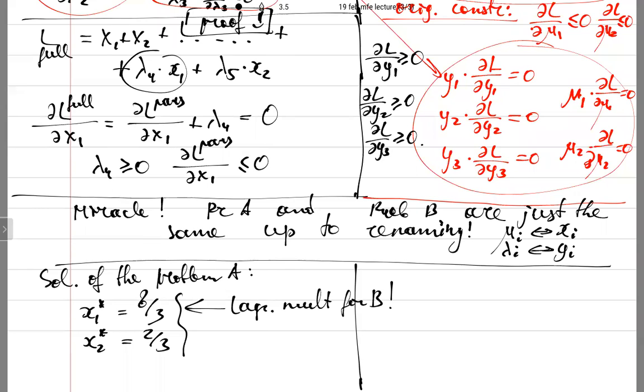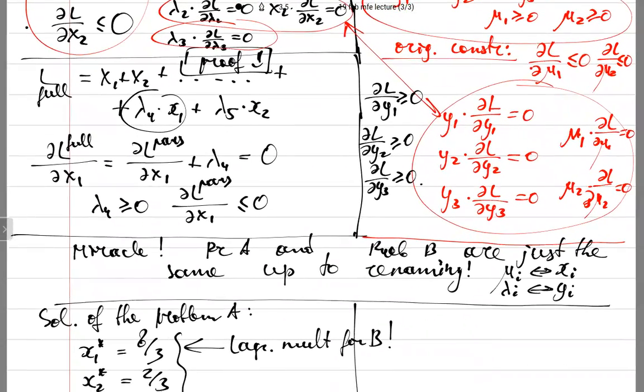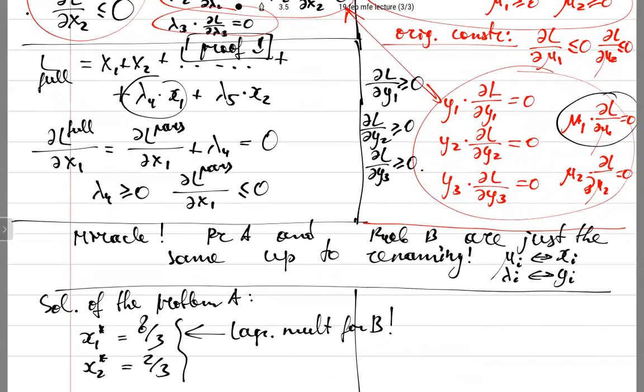If Lagrange multiplier is positive, the constraint is active or non-active? If non-zero, it is active. If I look at these two inequalities, mu is x, mu1 is x1, mu2 is x2. This is the same problem up to renaming of variables.